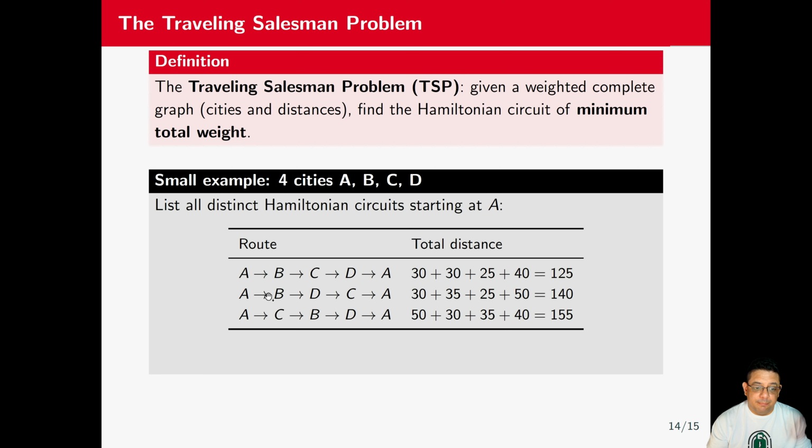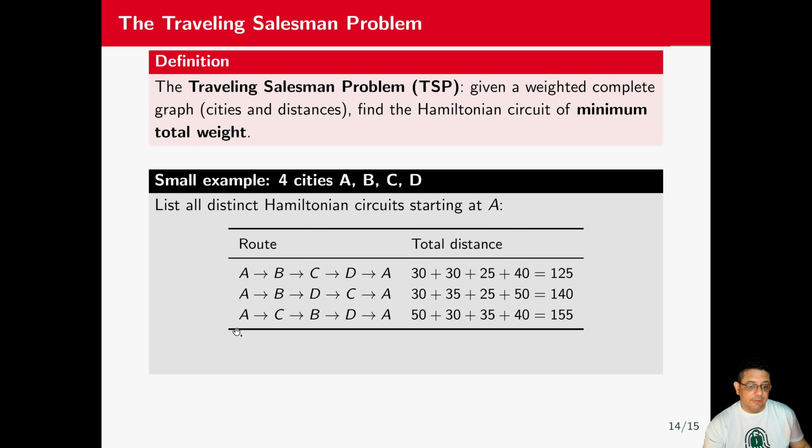Now, if I take a different route, going from A to B, then from B to D, and then from D to C and to A, that's going to give me a distance of 30 plus 35 plus 25 plus 50, and it's going to be 140.